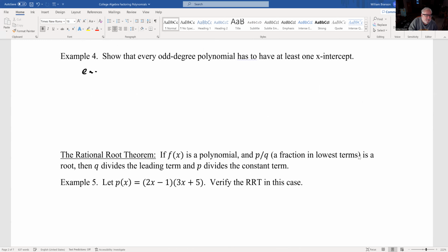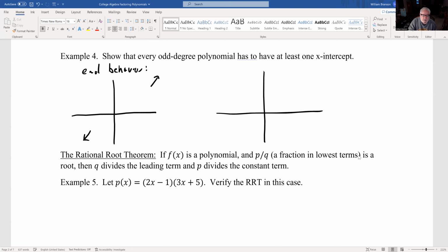And remember that the end behavior for odd polynomials is either like this or like this, depending on whether the leading term has a positive or negative coefficient.